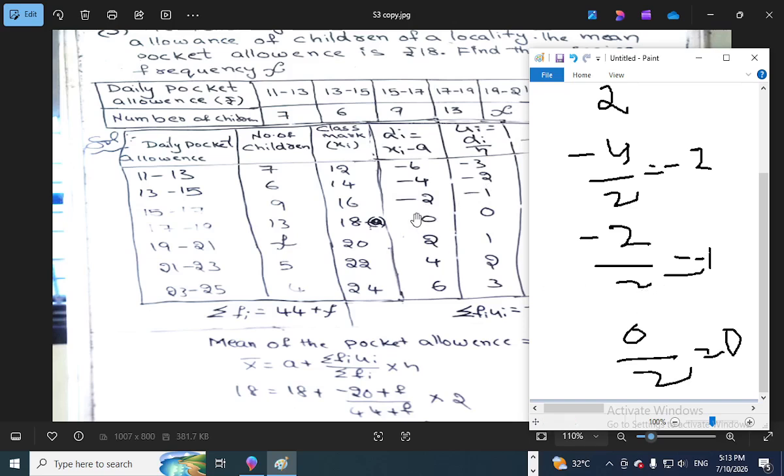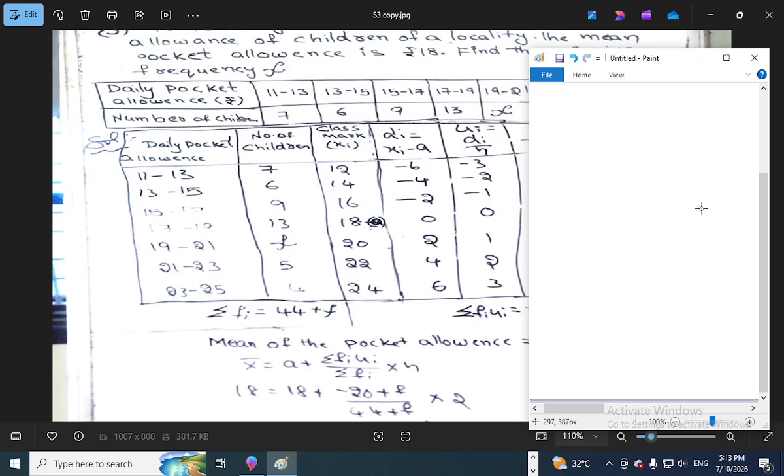Then the next class step deviation, 0 by 2, is equal to 0. So like that, here we have found the step deviation of the classes. The further classes we can observe here too. The next class deviation, 2 by 2, is equal to 1. Then the next class deviation, 4 by 2, is equal to 2.